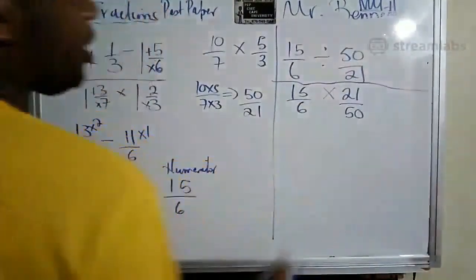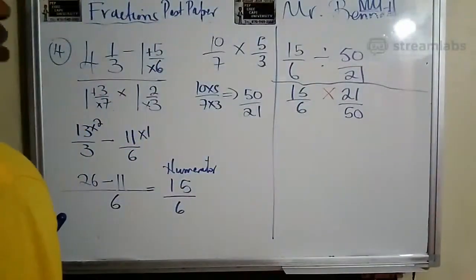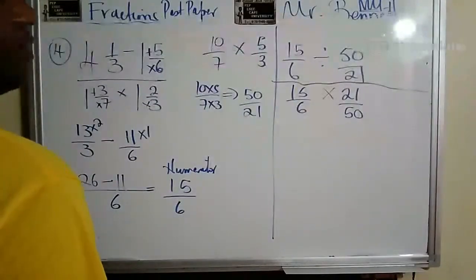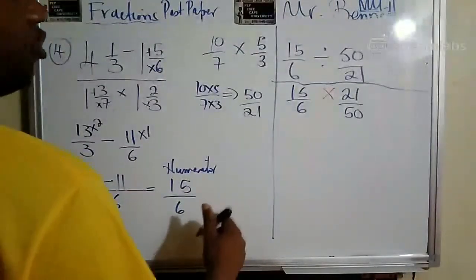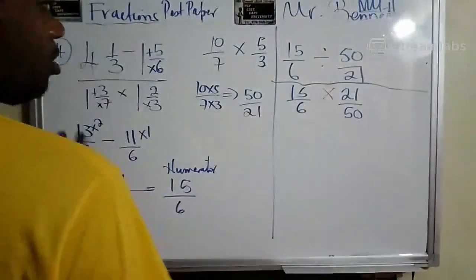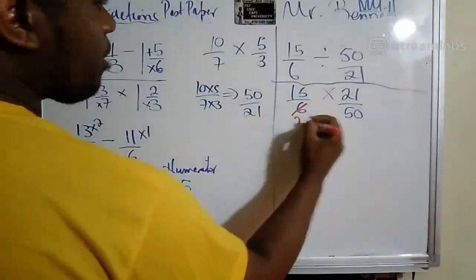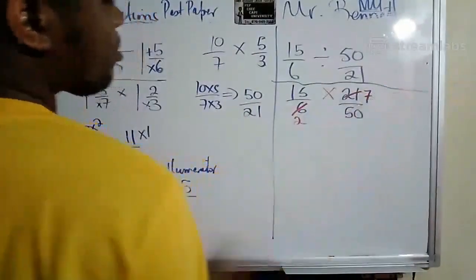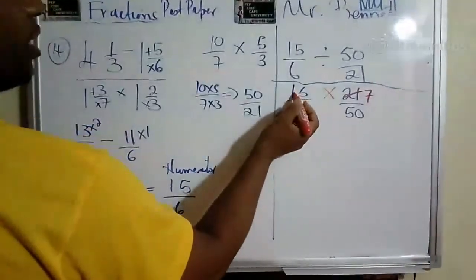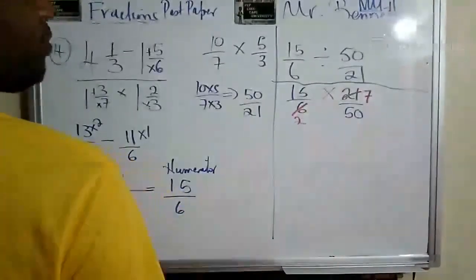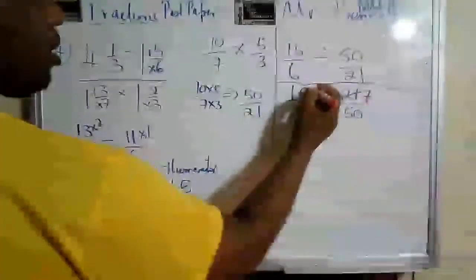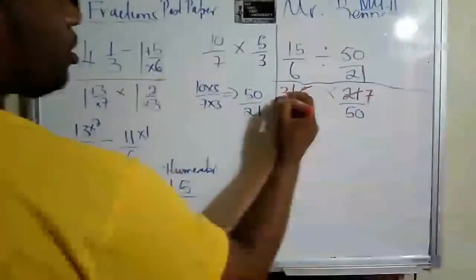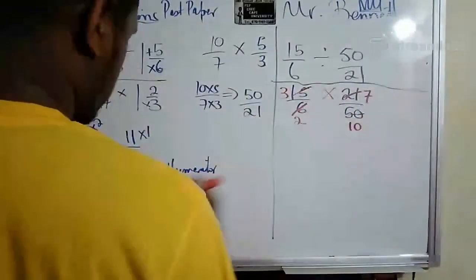What number can go into 6 and 21 without a remainder? Highest number, that would be 3. 3 into 6, that goes 2 times. 3 into 21 goes 7 times. Is there any number that can go into 15 and 50 without a remainder? Yes, 5, right? So that goes 3 times and this goes 10 times.